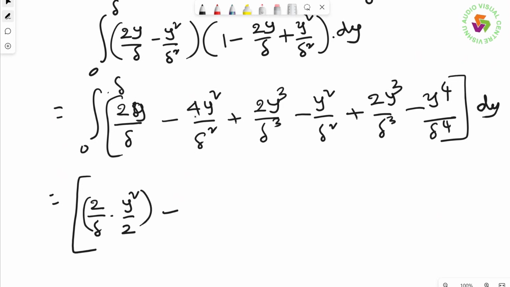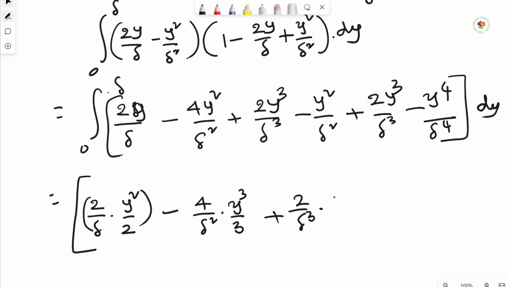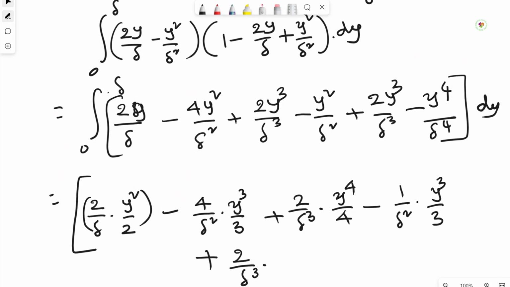This is the first term, minus 4 by delta square into y square dy, which means y cubed by 3, plus 2 by delta cube into y cubed, meaning y to the power of 4 by 4, minus y square by delta square means 1 by delta square into y cubed by 3, plus 2 by delta cube into y to the power of 4 by 4, minus 1 by delta to the power of 4 into delta to the power of 5 by 5.